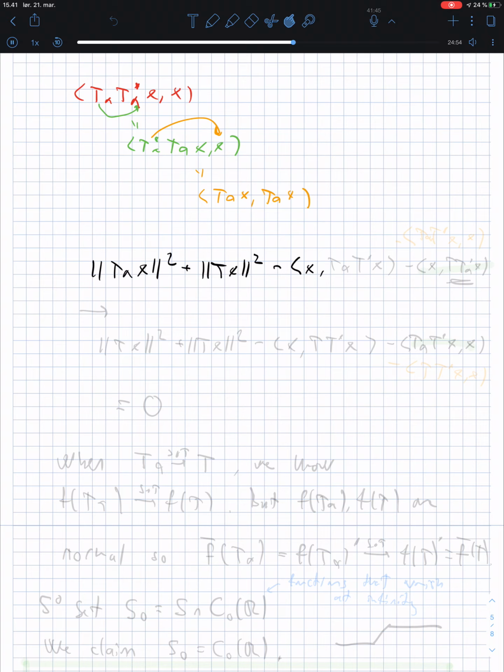So that will give me x comma T alpha T star x, and then x comma T alpha star T x.